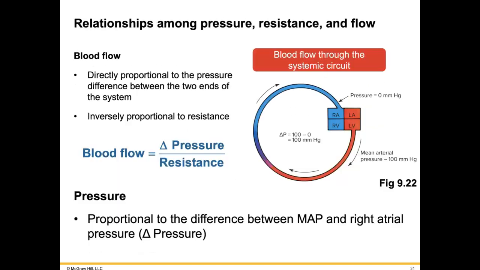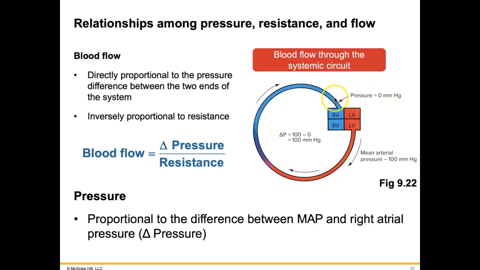Next, let's talk about the relationships among pressure, resistance, and flow. First, focusing on blood flow, that is going to be proportional to the pressure difference between the two ends of the system. And what we mean by two ends of the system is looking at the blood flow as we're leaving the left ventricle, in which we can see our mean arterial pressure is approximately 100 millimeters mercury, circulating through our body, giving off that oxygenated blood to our tissues, and then taking our waste and carbon dioxide through the veins and back to the right atrium of the heart.